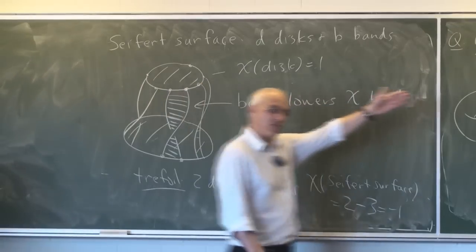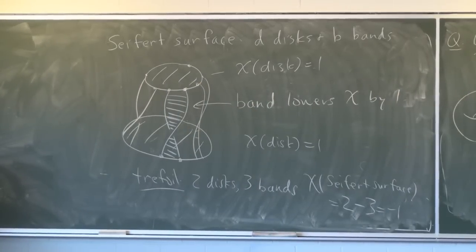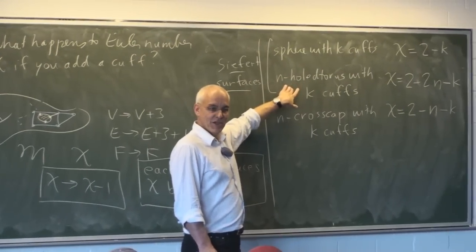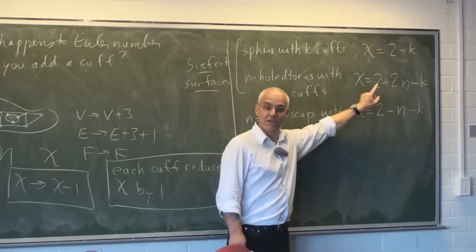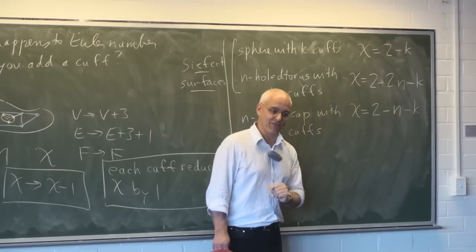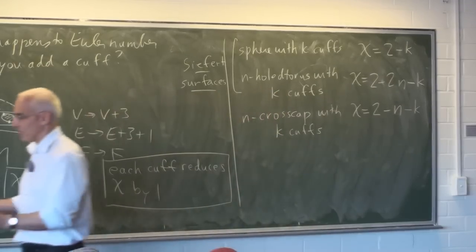And so where is it on our list? It's got to be on our list. In fact, it's got to be one of these. So we can figure out what it is because we know its Euler characteristic, and we know how many holes it has, or how many cuffs it has. How many cuffs does it have?